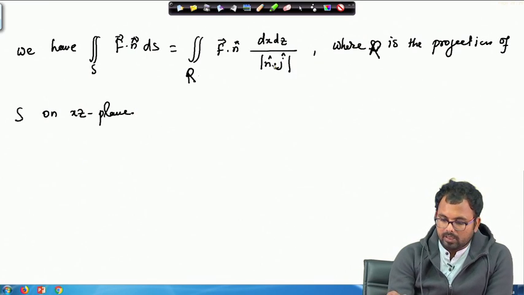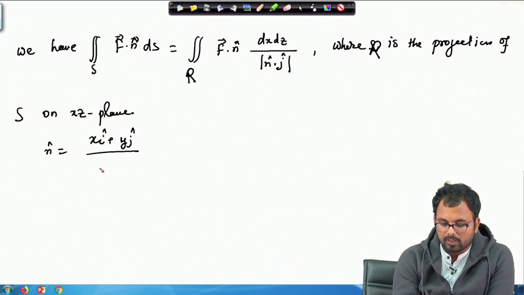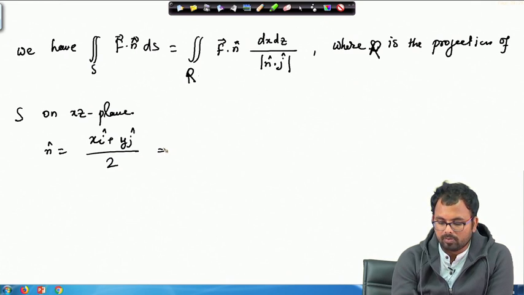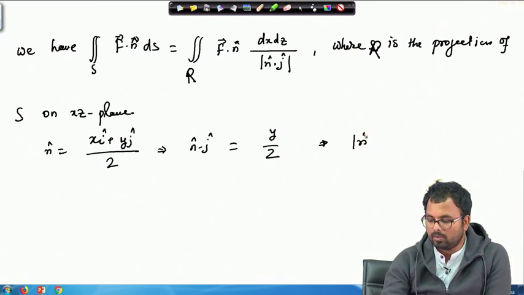Now our n is x i plus y j divided by 2. So from here n dot j would be just y by 2, and mod of n dot j will be simply y by 2, right.